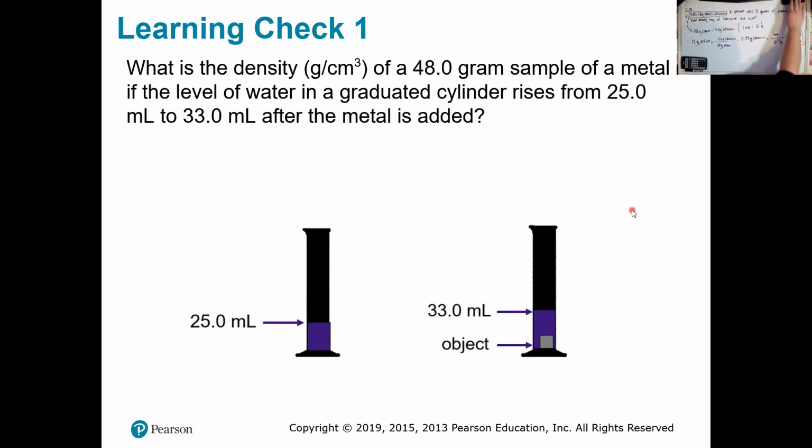So let's take a look at this question. It says, what is the density in grams per cubic centimeter of a 48-gram sample of metal if the water level in a graduated cylinder rises from 25 milliliters to 33 milliliters after the metal is added? So we'll have an initial volume and a final volume.